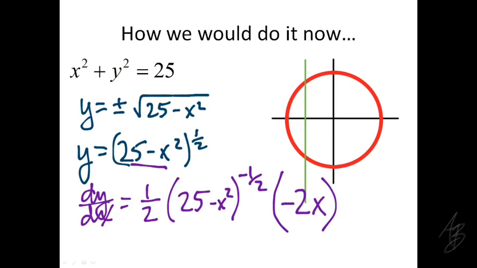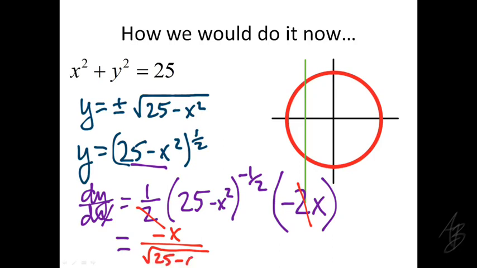Simplifying, the 2's cancel, and we have a -x on top, and on the bottom the square root of 25 minus x squared, so we get -x over the square root of 25 minus x squared.